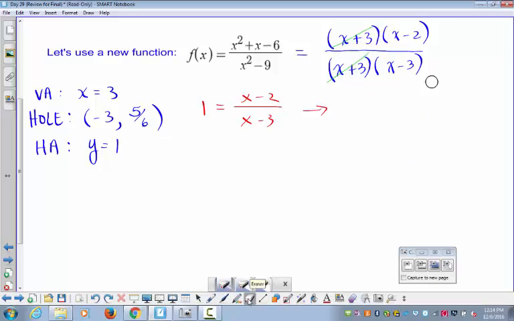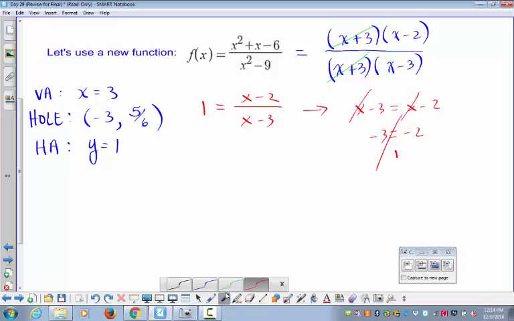So here we get x minus 3 equals x minus 2. The x's cancel. We get negative 3 equals negative 2. No solution. So that means it's not crossed. So you have to go to the reduced function if we want to know whether the asymptote is crossed, not the original.